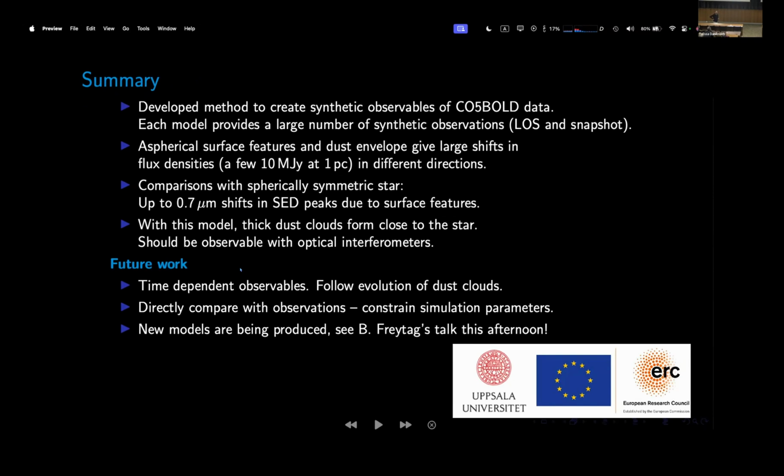Does anyone else have a question? I will ask a quick one. Those dust clouds, I think, were mainly coming from convective cells on the surface of the star, right? Do the models also include pulsations?